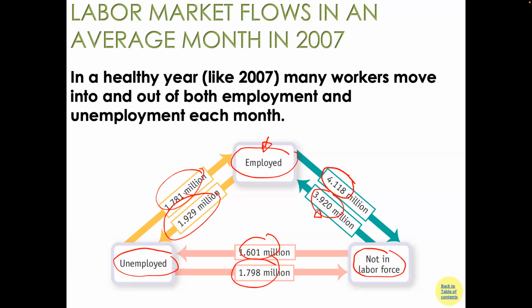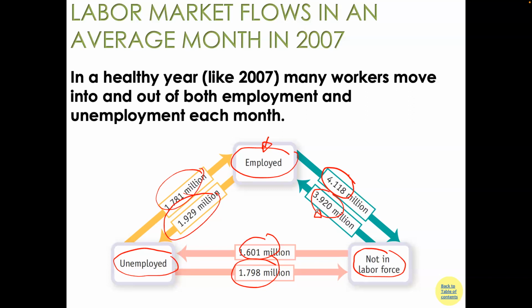Who are those 3.9 million? First of all, in order to be classified as not in labor force, you must be 16 and above. But who are those big chunk of people who move from not in labor force to employed? You are very close. College graduates.